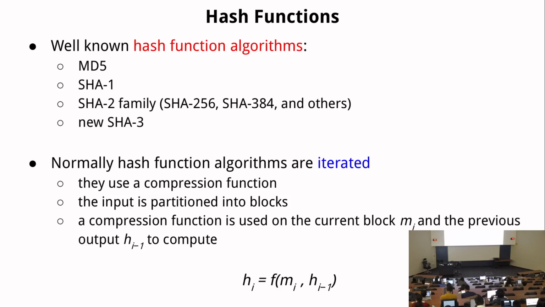NIST has a solicitation, saying, hey, we want you to design a new hash function, and we will call it SHA-1. Many people send proposals, and eventually they choose an algorithm, and that algorithm became SHA-1. Then they found out SHA-1 was not secure, so they had another solicitation for SHA-2, SHA-3, something like that.